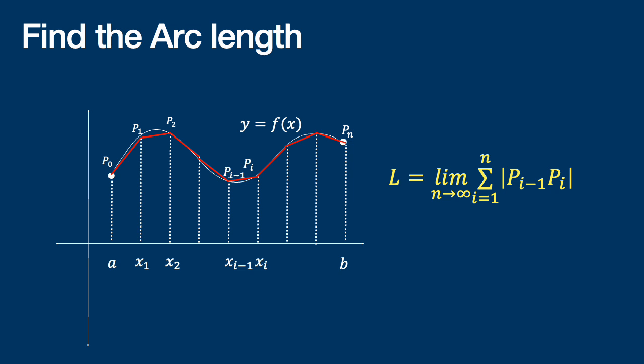Then we add all of these segment lengths together and get an estimate for the length of the curve. Now, of course, if you only use a few segments, the estimate is low. But as you add more and more points, making each segment shorter and closer to the curve, our approximation improves.